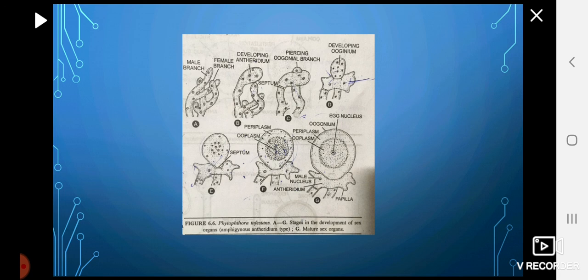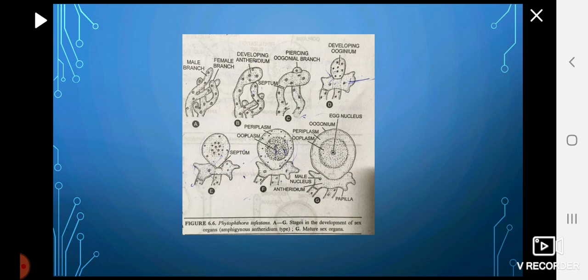Now after this, first plasmogamy takes place, the cytoplasm fuses, and the second stage is karyogamy, in which the two nuclei fuse, that is the male nucleus and the female egg nucleus, and this leads to the formation of a diploid nucleus.